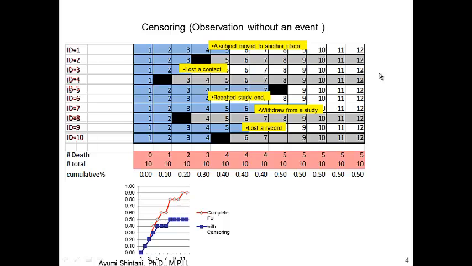So this is similar to data you'd collect unless you have a study with perfect follow-up, and you count 5 patients died out of 10. Therefore, the cumulative event rate would be 50% instead of 90%.